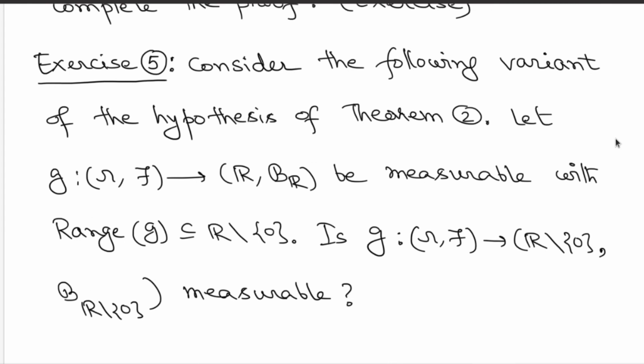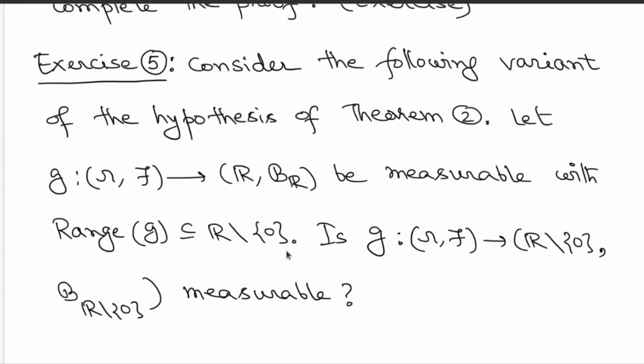Alright, a final exercise to finish off the lecture. Here we have explicitly stated that the range of g is R minus 0. But suppose you look at the following variant of this hypothesis. Start with g to be measurable with real values, but then you specify that the range is R minus 0. What is the difference from the previous hypothesis?